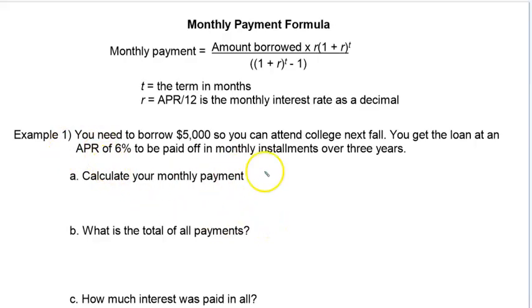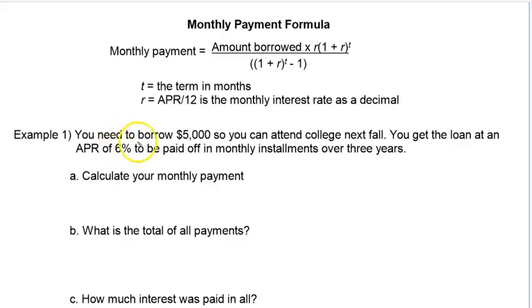So for my first example, we'll go through these pretty fast. If I'm borrowing $5,000, look, 5,000 goes in as the amount borrowed. We're multiplying by the rate. Now this rate, as you can see on your cheat sheet, is the period rate, so it's the APR divided by 12.